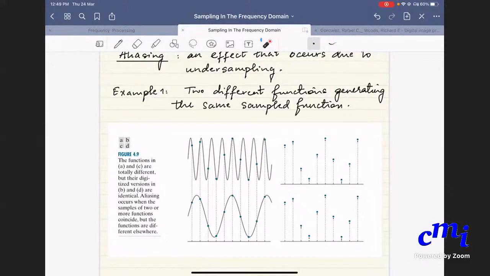If you undersample, your original signal might appear as another signal. It is possible that two different functions generate the same sample function, and when you do function recovery from this sample, you don't know which one it was.